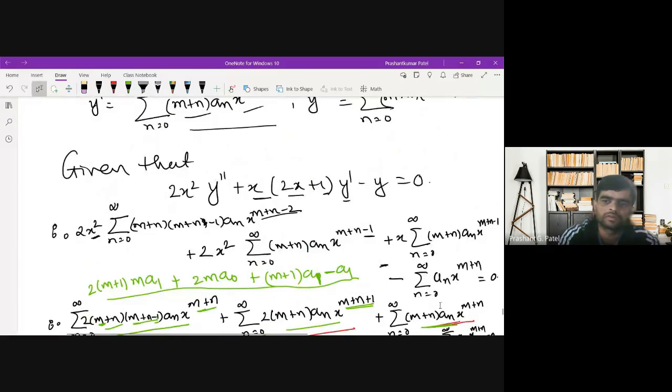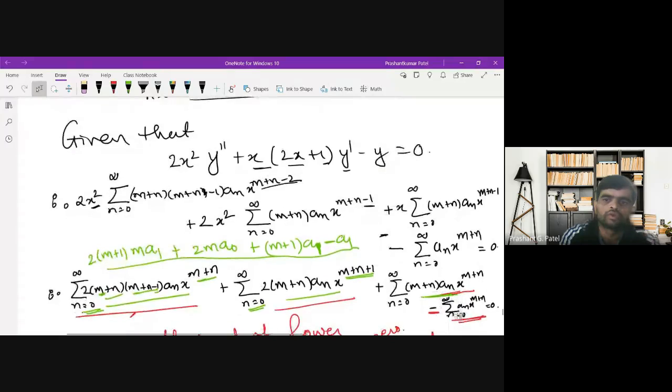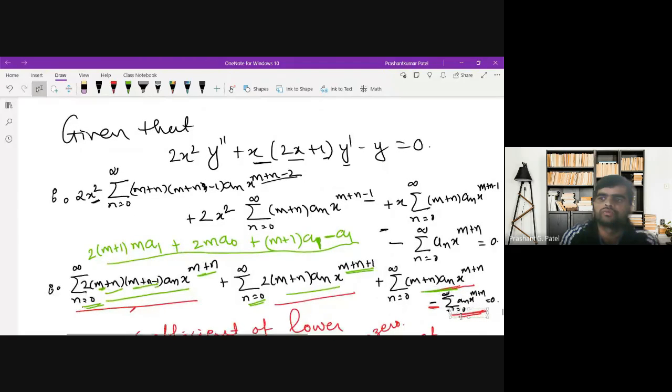So in this, you have to write down what is the coefficient of x power m plus 2. Can somebody tell me what is the coefficient of x power m plus 2?